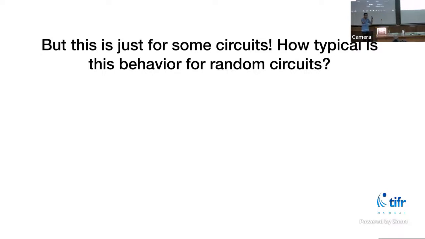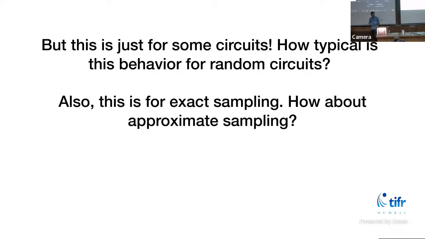That's quite significant for random circuit sampling because that's what we're trying to tackle. And the second is that this is for precisely sampling from the distribution. What happens if we want to sample from distributions that are close in total variation distance, but not the precise distribution? That seems to be a more realistic requirement in some sense.